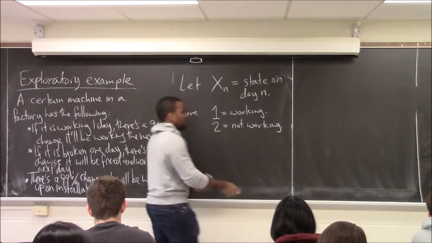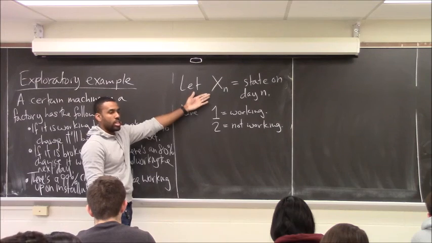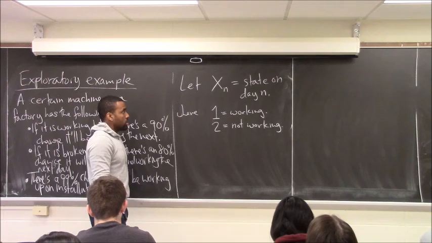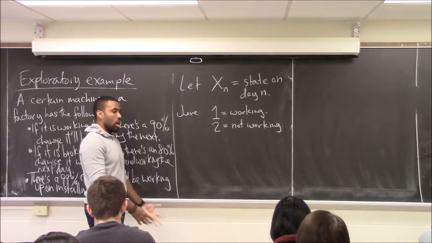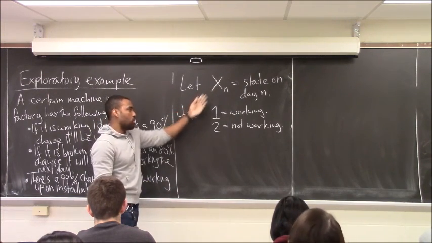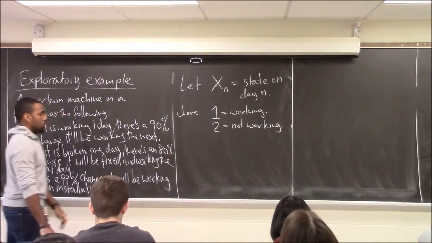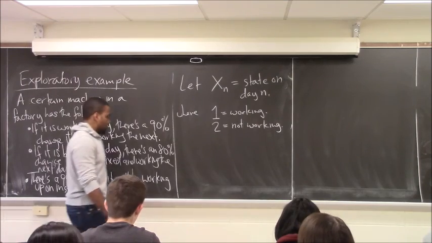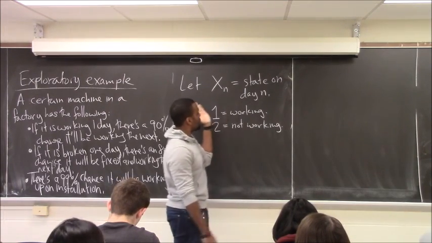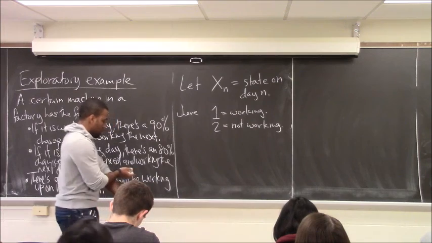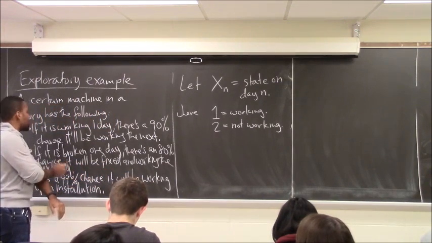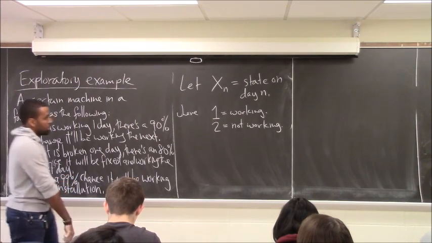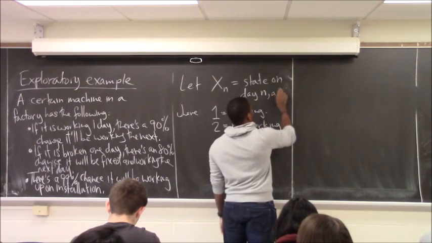So here I've just defined 2 states. I'm going to create a list of variables that are going to output either 1 or 2. So if I go on day 3 and it's not working, that means that X_3 outputted the value 2. So 1 means working, 2 means not working. I can create a list of random variables that is going to track the functional state of this machine on day n after installation.